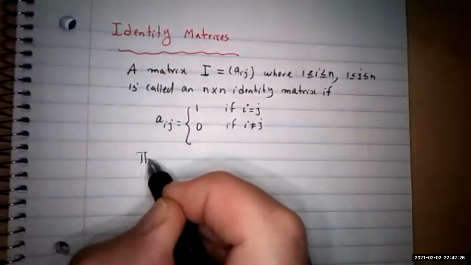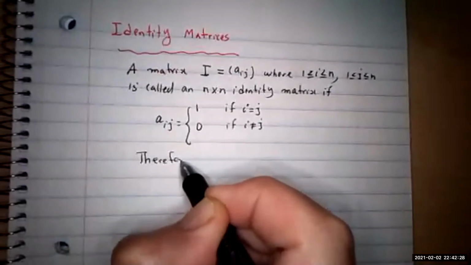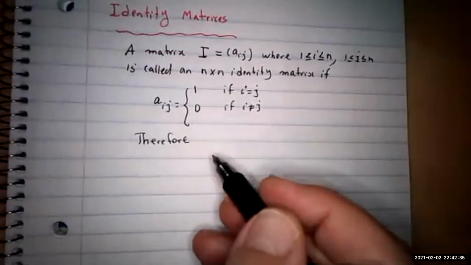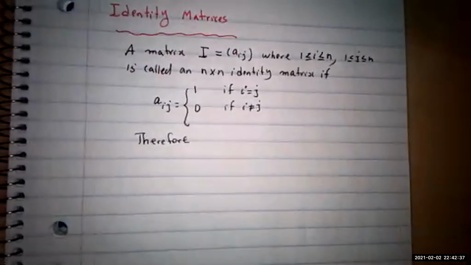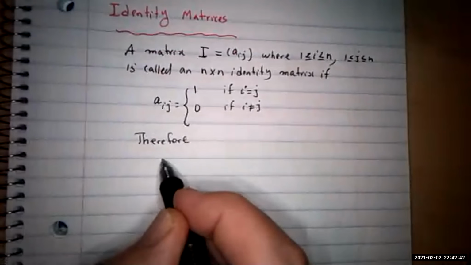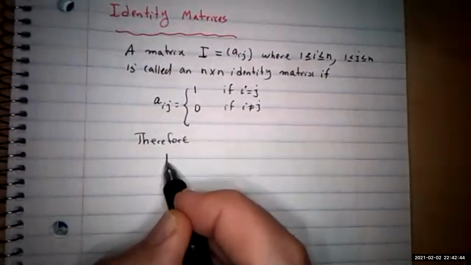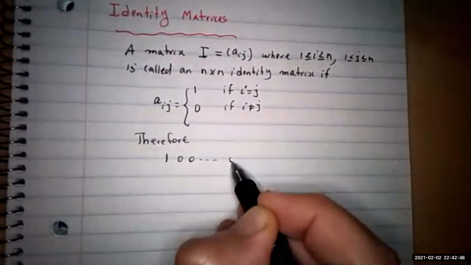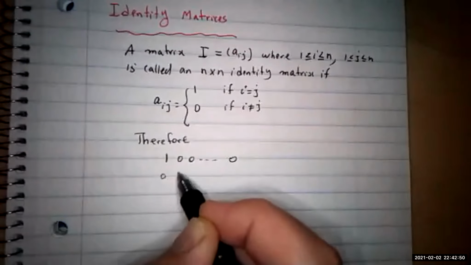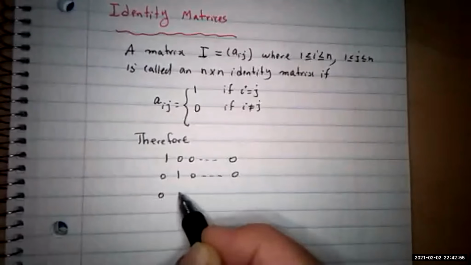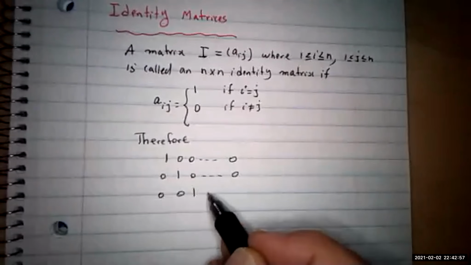If you want to introduce a 2 by 2 one, or in general, you start with the 1, then 0, 0, then 1. You start with the 0, 0, and we get 1.